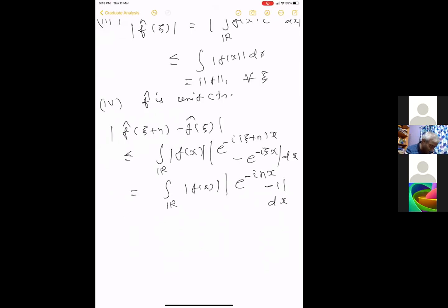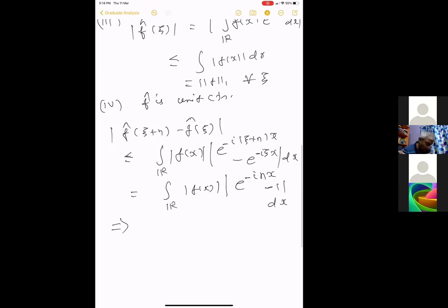Then, when this eta is in some nice interval, this implies, I am sure you know all these things. Also, notice that this thing converges to 0 as eta goes to 0. Eta goes to 0, this goes to 1, and so this factor goes to 0. And there is no xi on the right hand side. So this implies f hat is uniformly continuous. I believe this uniform continuity is clear.